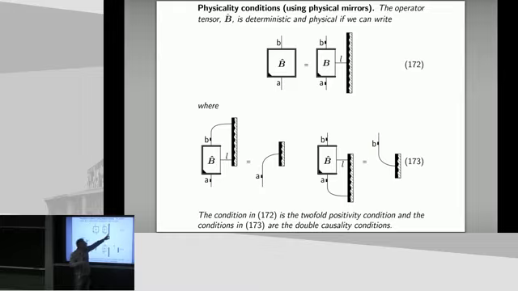This condition you could equally have given with a normal mirror, because the horizontal adjoint is the same in both cases. And then over here, we have the forward and backward causality condition.